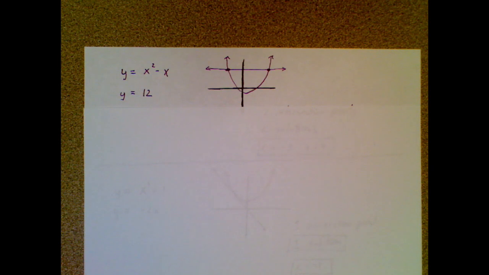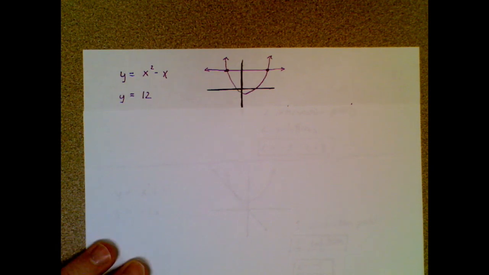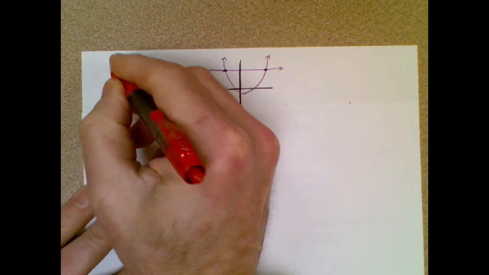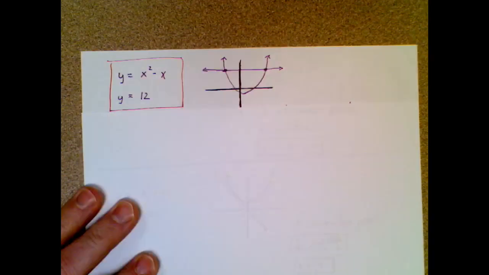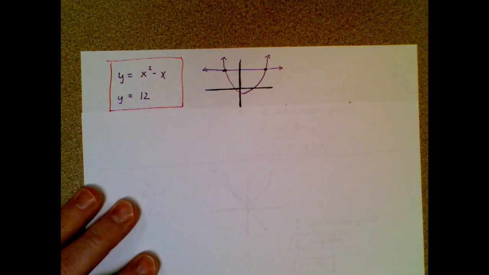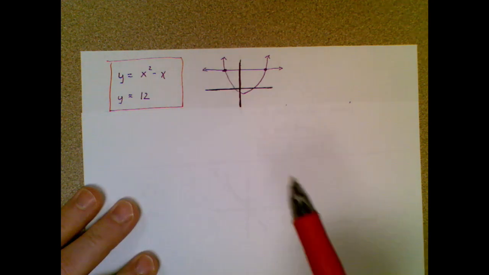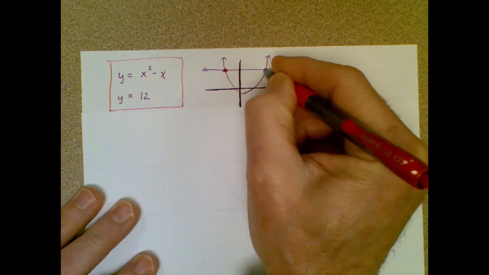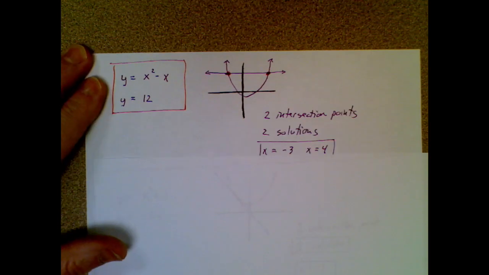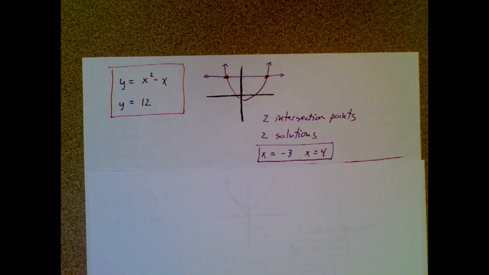The last examples we have to go over of unusual solutions relate to when you have a system of equations and you're going to solve the system by graphing. As you know, when you have a system, go ahead and graph both equations, and the x values where they intersect is the solution to the system.